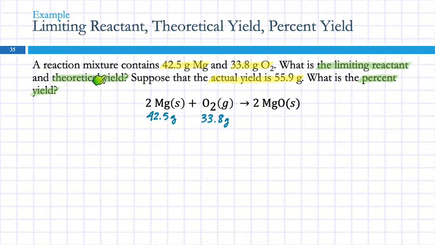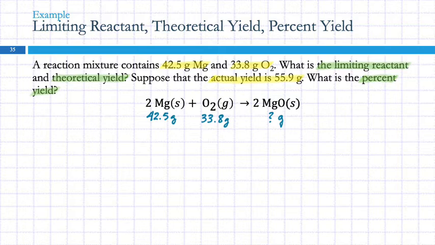The theoretical yield, what's that going to be? It's going to be how much of this could be made, right? So one of the things we're trying to find is how many grams of this can we make? And it's like with the pizzas, we have to deal with the amounts of ingredients that we have, and when one of them runs out, we stop.